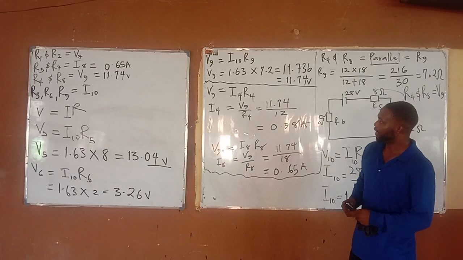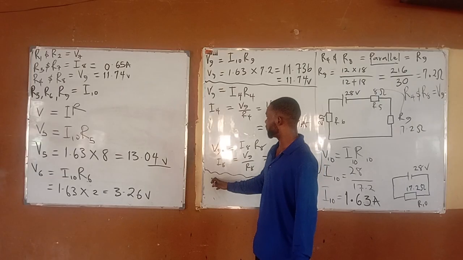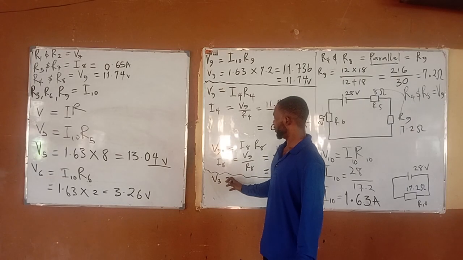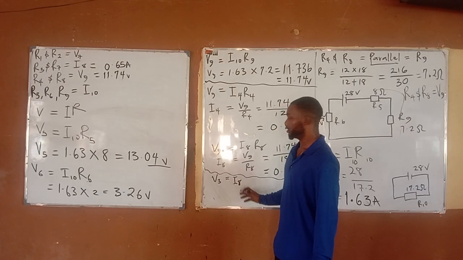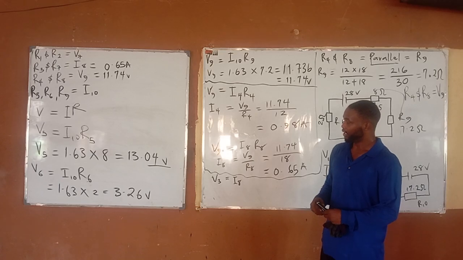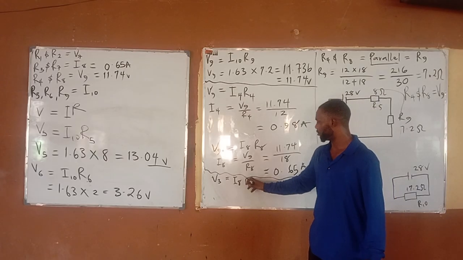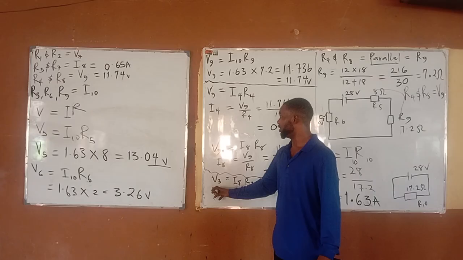Then we move to R3 and R7. So using the same principle, V3 now is equal to I8 R3. Sure, you know why I'm using I8? Because everything on that R3 is having a current that is in that resistor 8. I don't know the V here.